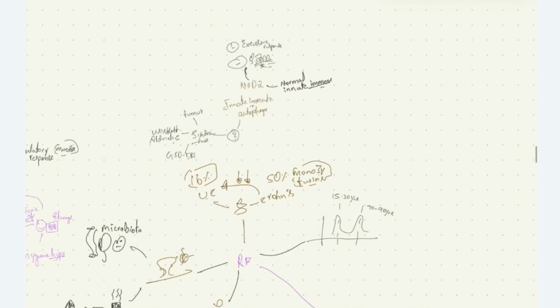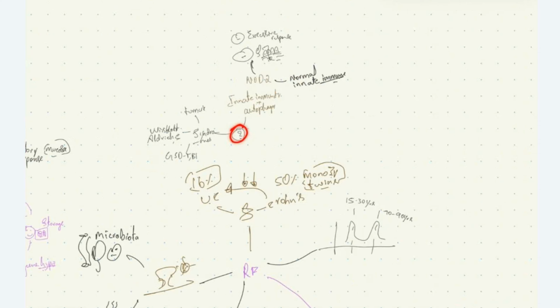What are those genetic factors which are implicated in causing inflammatory bowel disease? We have impaired innate immunity and autophagy due to NOD2 gene mutations.